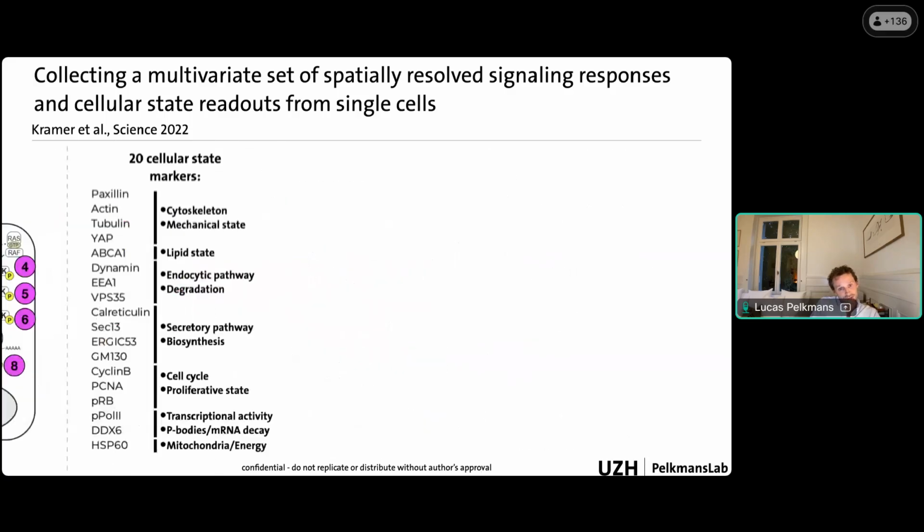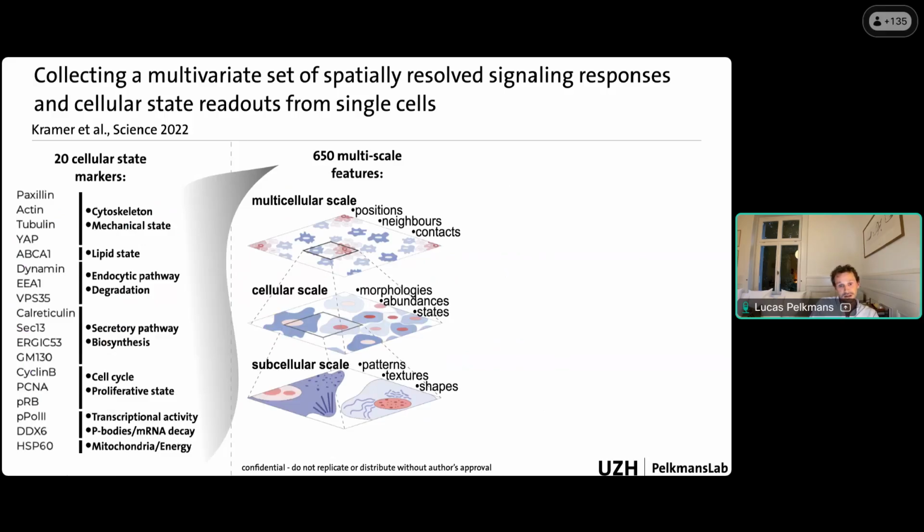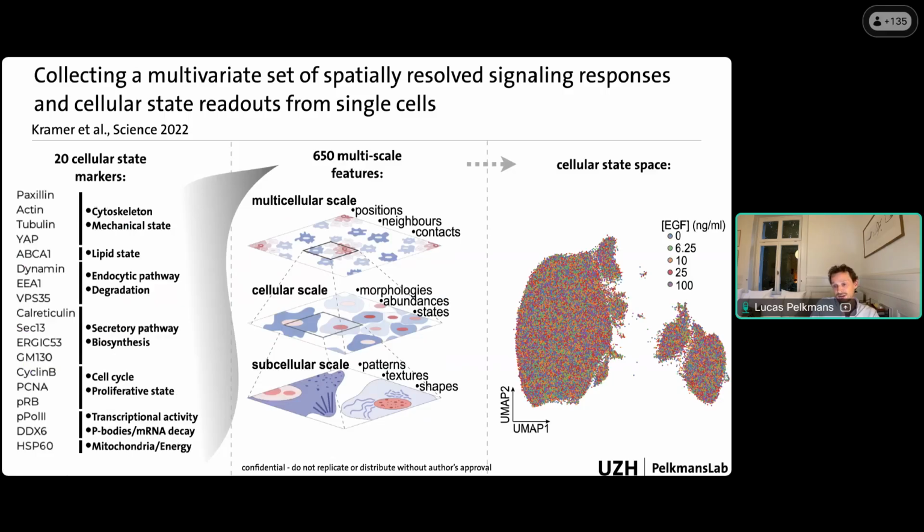From these markers of the cellular state, we extract multiple features using image processing, which we extract at the multicellular scale, also at the single cell scale, as well as at the subcellular scale. Using a large number of these features, we generate what we call a cellular state space.